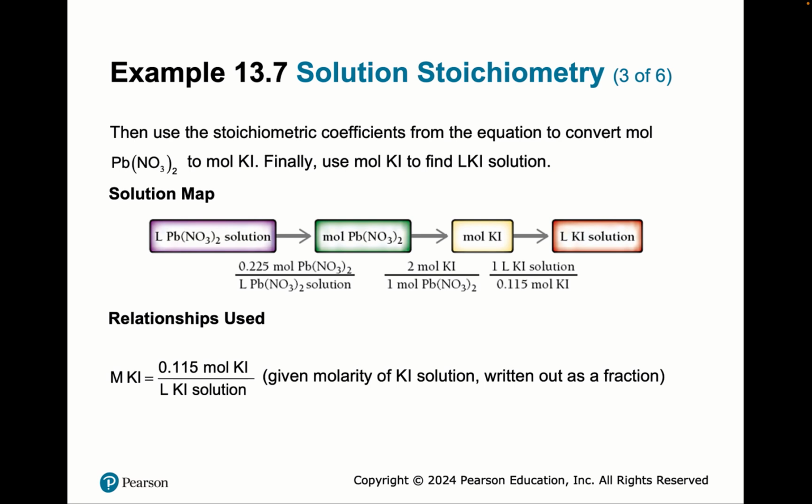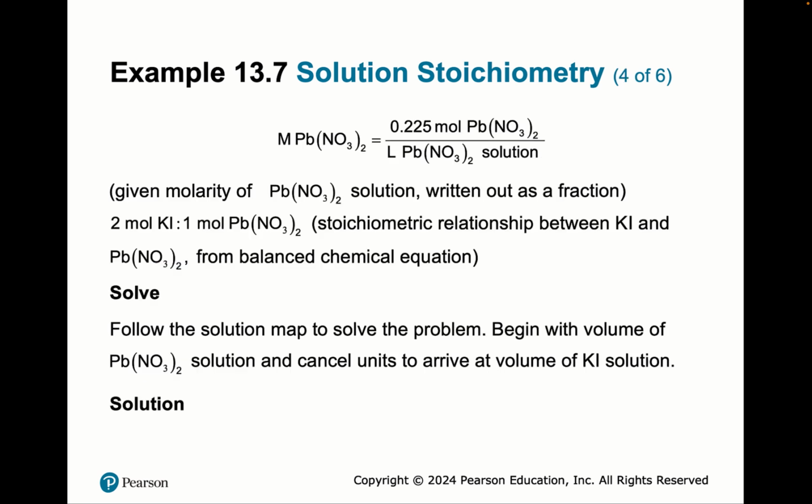Start with, like I said, think moles. We've got to get to the moles of lead. How do we get the moles of lead? We take the volume of the solution, then multiply by the concentration to get the moles of lead. Then we convert to moles of potassium iodide, and then by the concentration we can get the volume of solution.